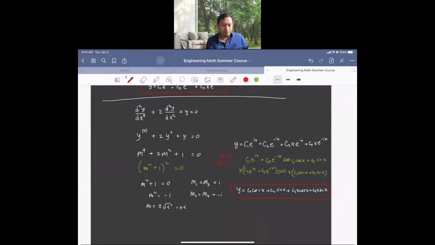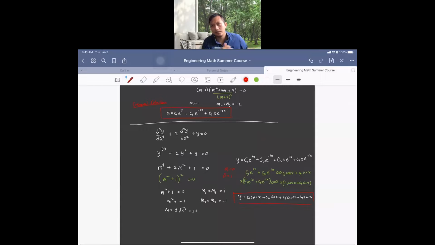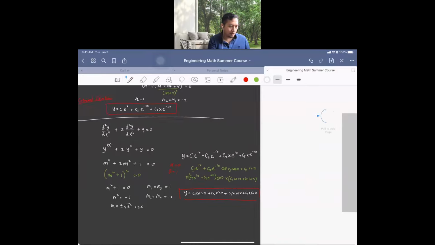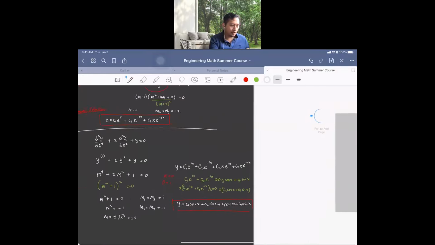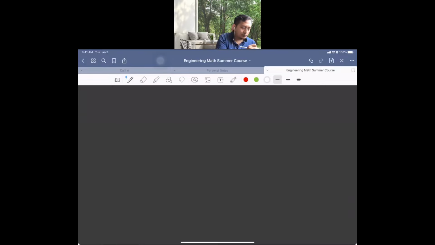Let me give you some tips to check. Basically the tips is just resolving the polynomial. Okay, let me give you one more example and tips, and we can have some discussion.